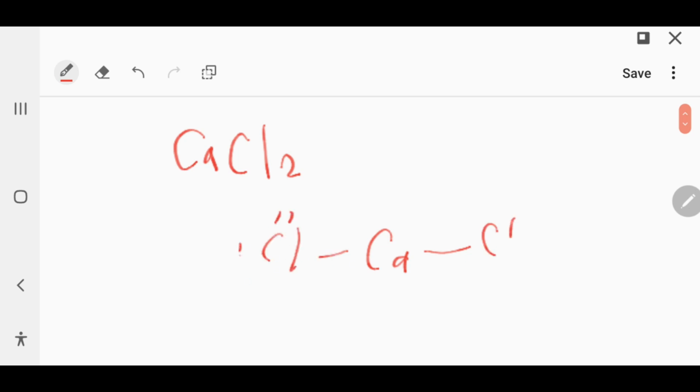So assume that we have, for example, CaCl2. According to the Lewis structure, this is Ca, Cl, and Cl. Here we have 7 valence electrons.